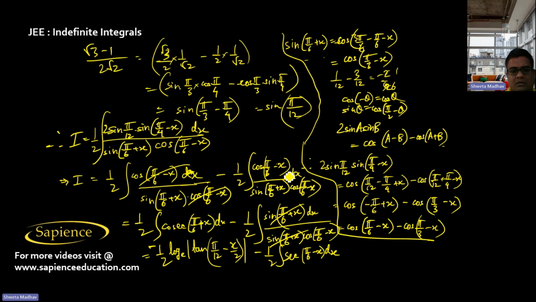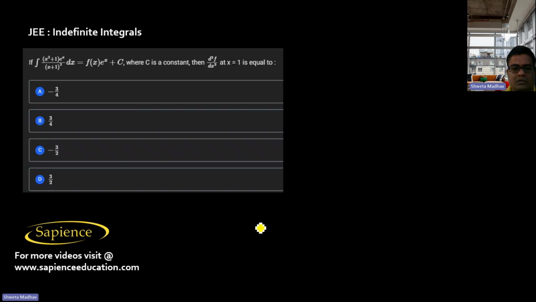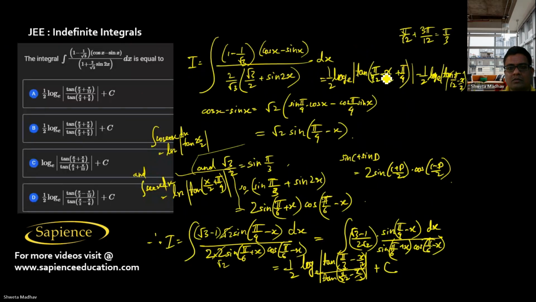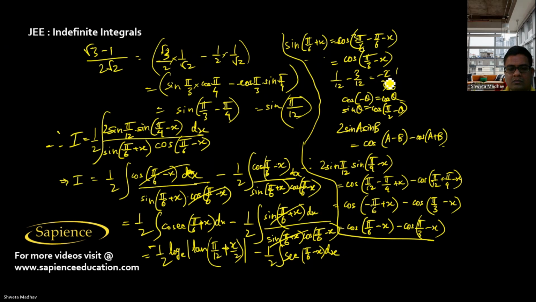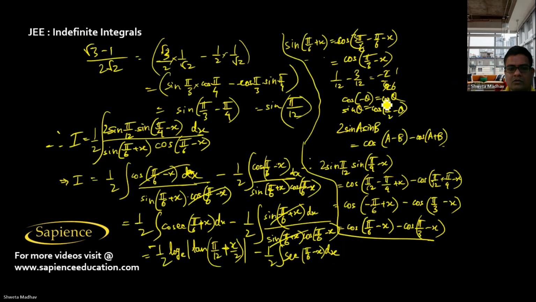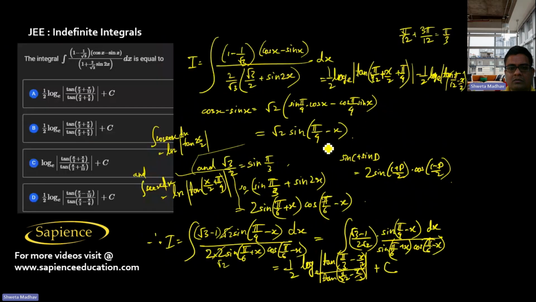And here this will cancel. So okay, this will be pi by 12 plus x by 2. This is pi by 12 minus x by 2 plus pi by 4 only, but here this will be pi by 12 plus x by 2.